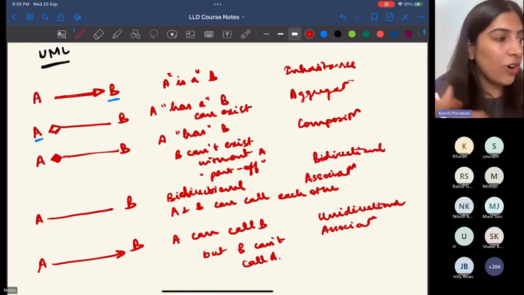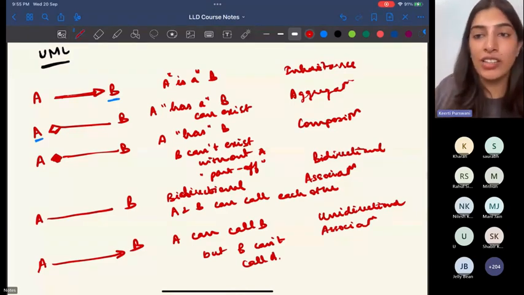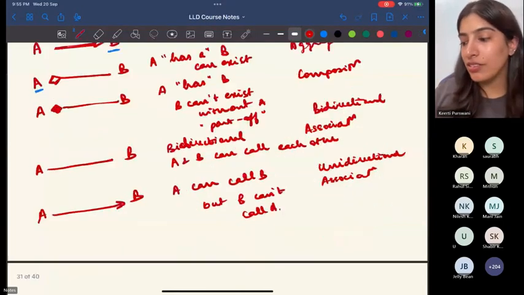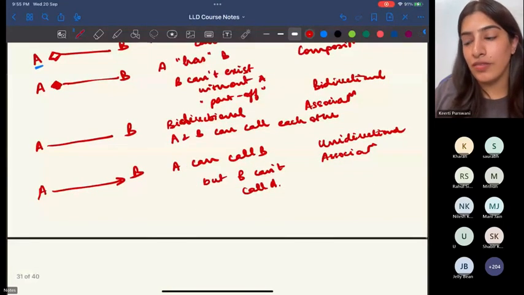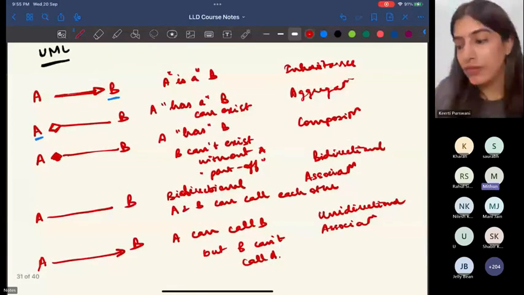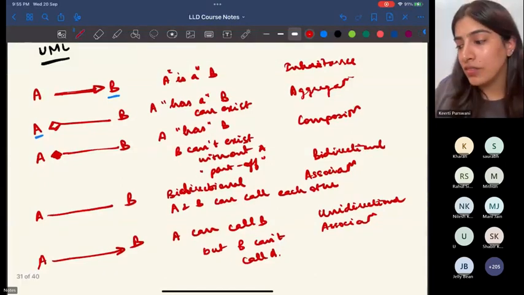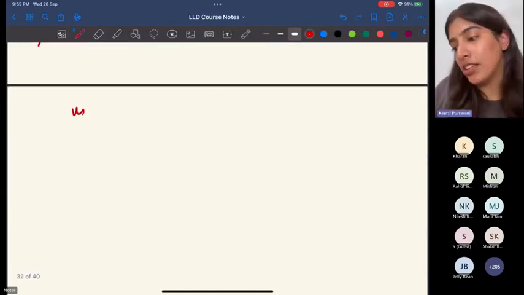What do you mean by call? Now call can be anything like related to. Can anyone give me an example of call? Anyone can give me an example? Logging class. Which class? User calls payment. Yes, correct.